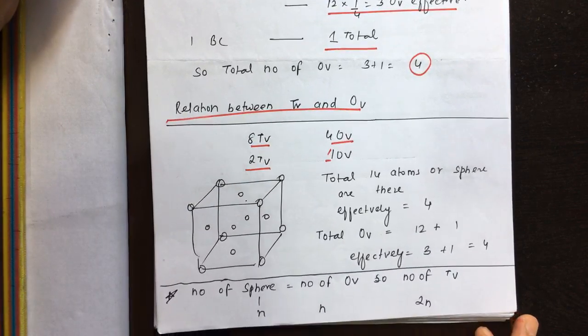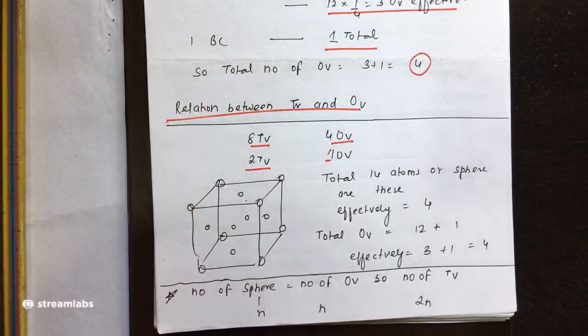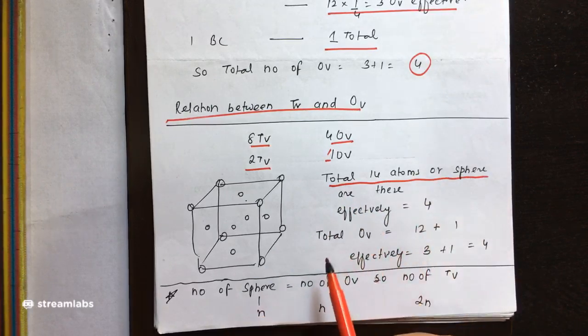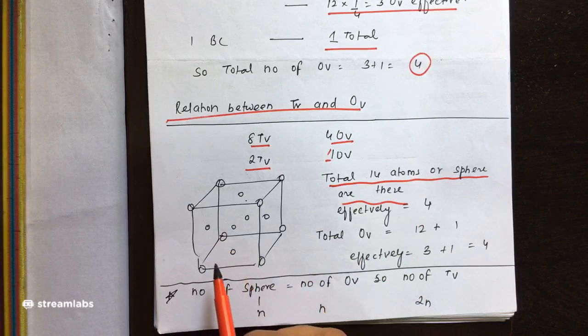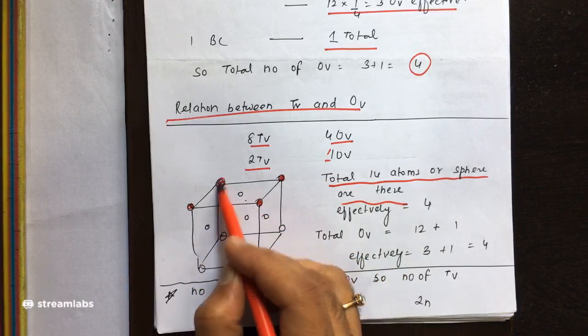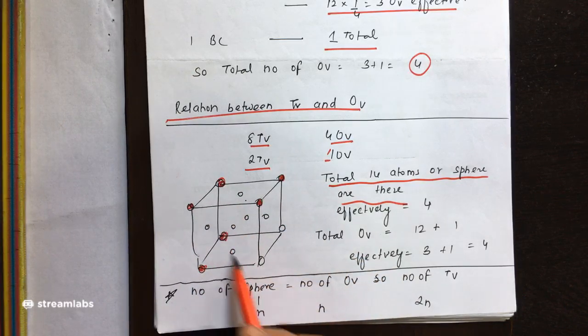Now let's talk about the arrangement and the packing, because voids are there. In a cube we have 14 atoms, as spheres. Of these 14 atoms, 8 are present at the corners, and 6 are present at the face centers.